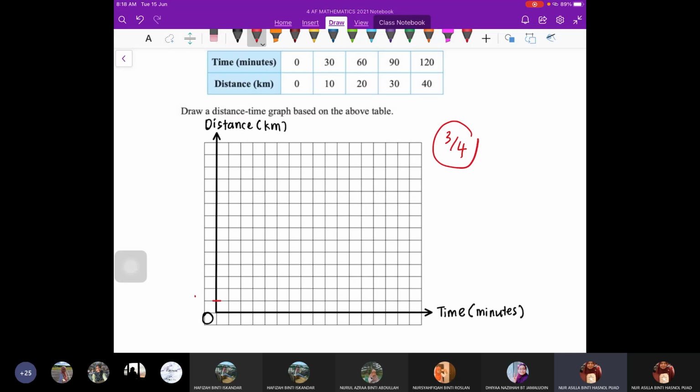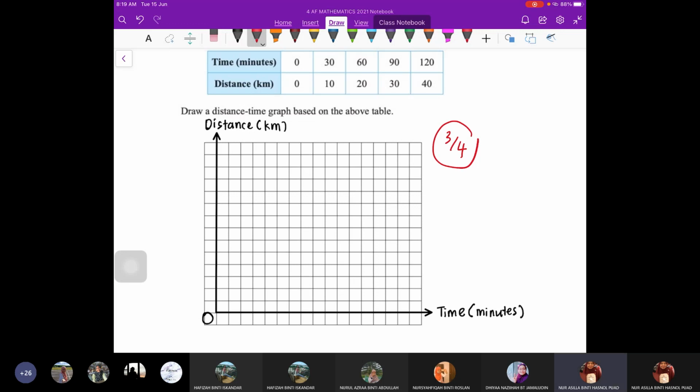Sinilah 10, 20, 30, 40. So the graph will be so small. Tak boleh. So your graph must cover 3/4 of the grid. Nak besar lagi pun tak ada masalah. Just not smaller than that. Okay. Only you remember that. Okay, jadi saya ada 5.